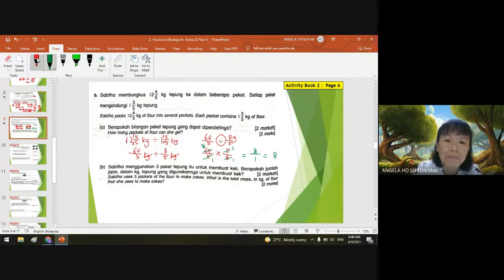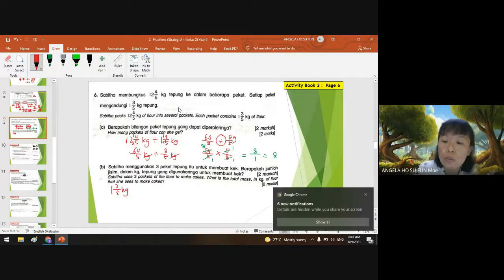Next, B, last one. Sabita uses 3 packets of the flour to make cakes. There are 8 packets altogether. Now, she used 3 packets of the flour to make the cakes. So, what is the total of the flour used by her to make the cakes? One packet contains 3/5 kg.